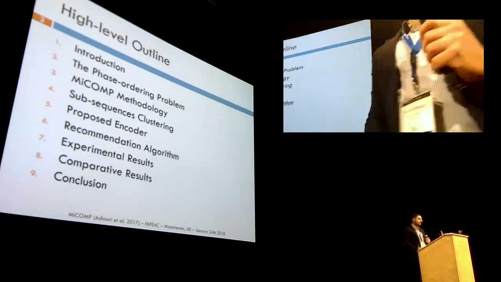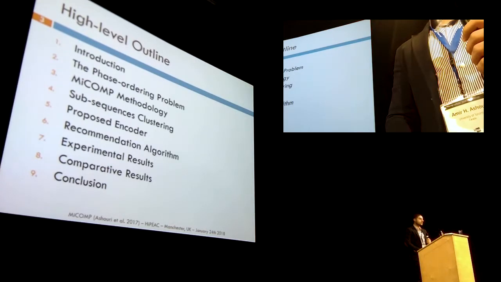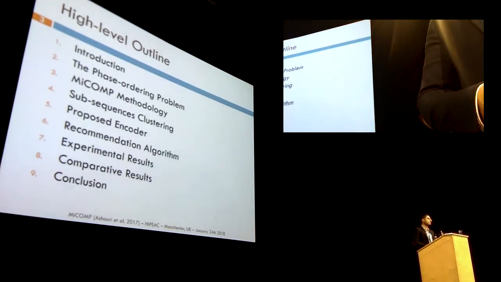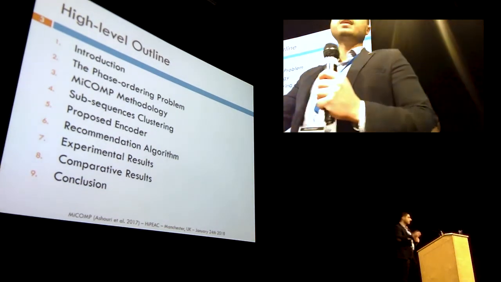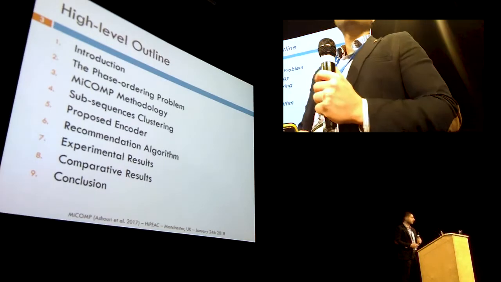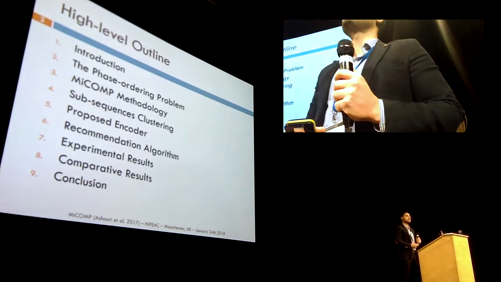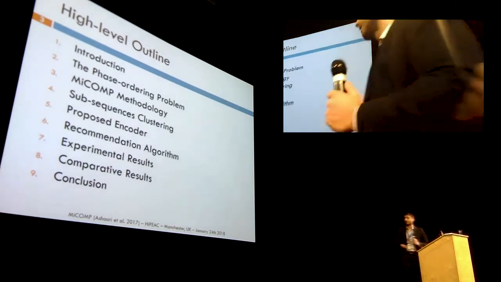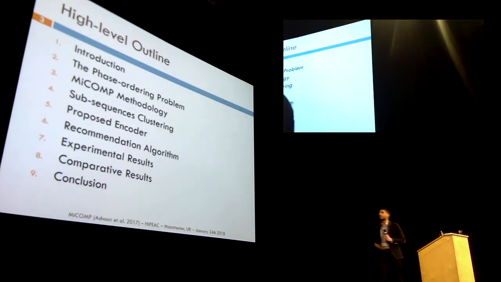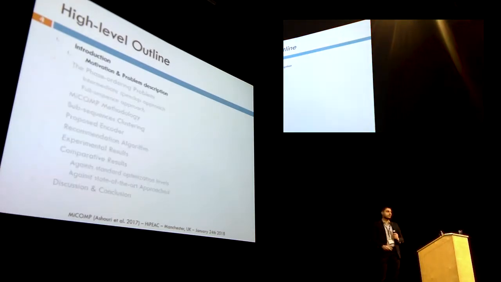What MiCOMP brings is the introduction of subsequences. We cluster sequences into subsequences, and we use subsequences in a machine learning-based model. To use that, we propose an encoder and also a recommendation algorithm to speed up the exploration. And at the end, I'll present the experimental results and the conclusion.